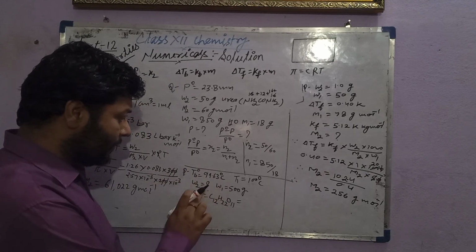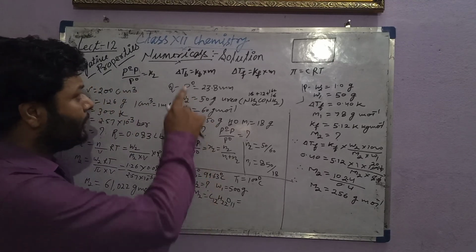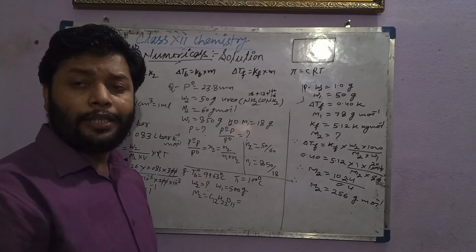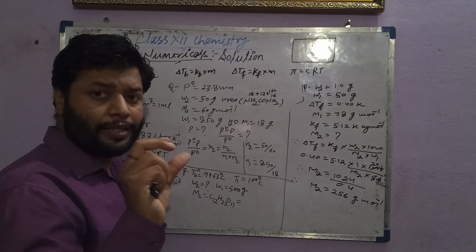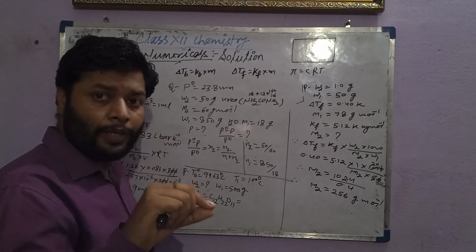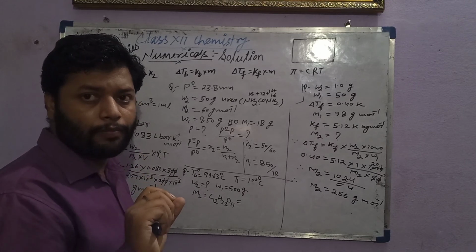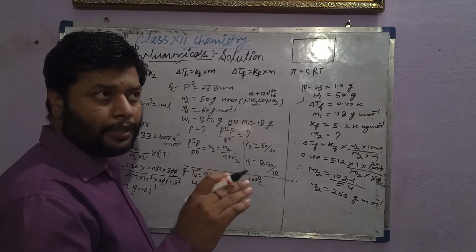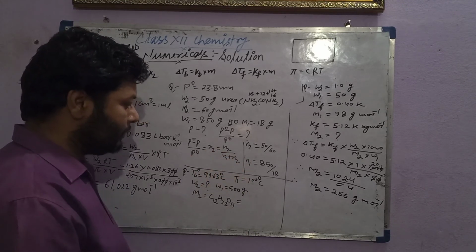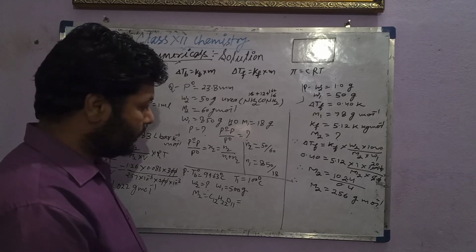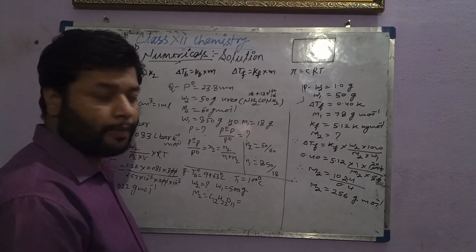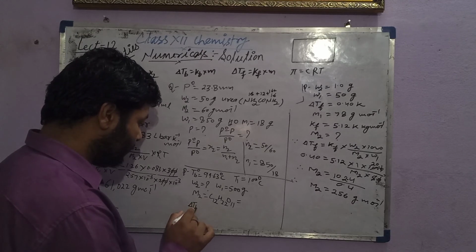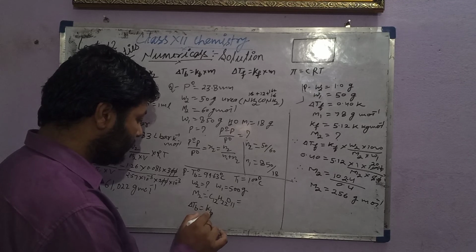Now we have to solve for the value of W2. The formula is elevation of boiling point, delta TB. So delta TB will be 100 minus 99.63. The difference of two boiling points in Kelvin and in degrees Celsius is the same, so the value will be 0.37.